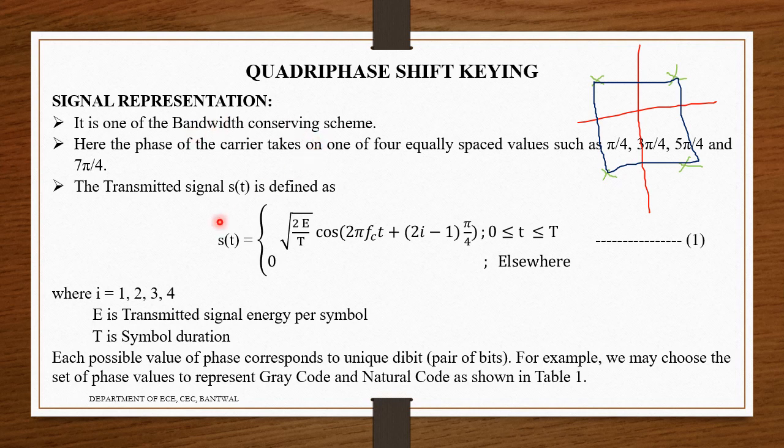Now, how to represent the transmitted signal? S of t is equal to square root of 2E by T into cos of 2 pi fct plus (2i minus 1) into pi by 4, for 0 less than or equal to t less than or equal to T, and 0 elsewhere. So this is equation 1.